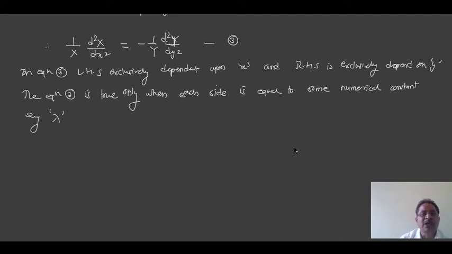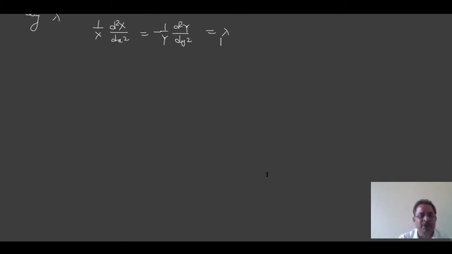Okay, so I can write this equation 3 as 1 upon X into d square X upon dx square is equal to minus 1 upon Y into d square Y upon dy square is equal to that constant lambda. And therefore from this equation I can separate out two differential equations.